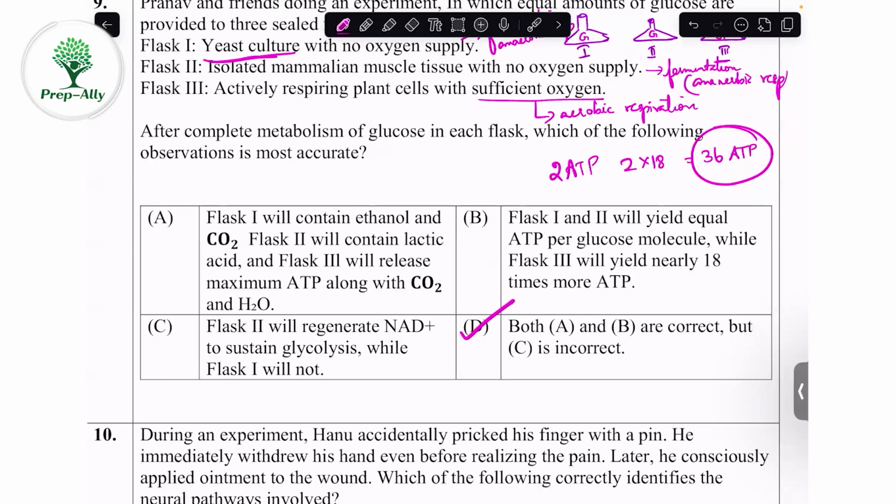That happens in the Krebs cycle, which is the second step of respiration. The first step is glycolysis. Since both class 1 and class 2 undergo anaerobic respiration, they don't perform any Krebs cycle or NAD formation. So that option is wrong. The correct option will be D.